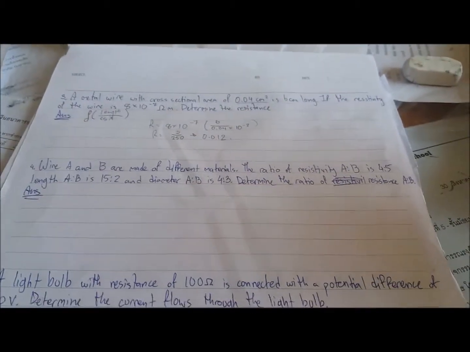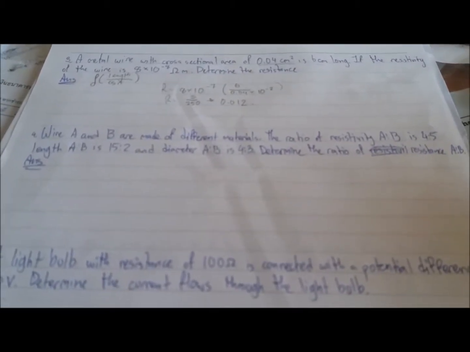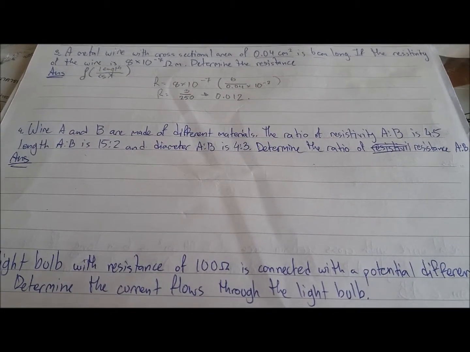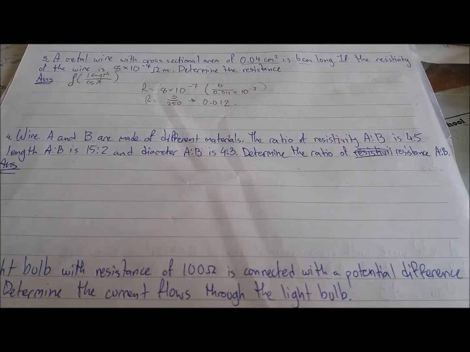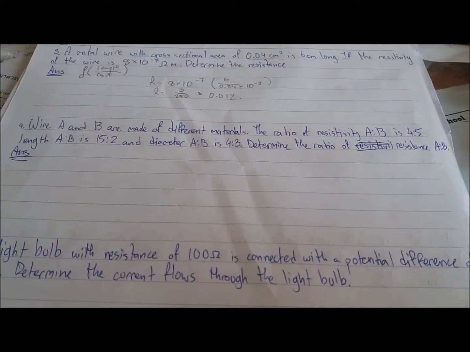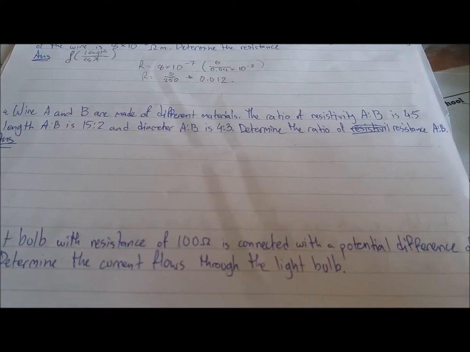Okay, for question 4, wires A and B are made of different materials. The ratio of resistivity A to B is 4 to 5, length A to B is 15 to 2, and diameter A to B is 4 to 3. Determine the ratio of resistance A to B. The formula for this question is actually simpler than you think.